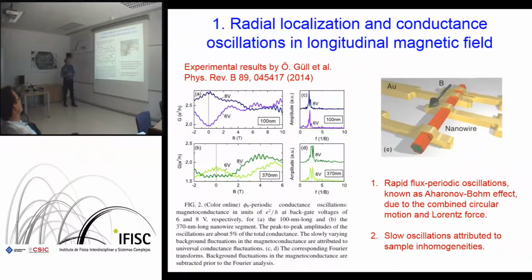In these experiments, you observe the oscillations of the conductance versus magnetic field. In addition to the small oscillations, which are attributed to the Aharonov-Bohm effect, one can see also some modulations.